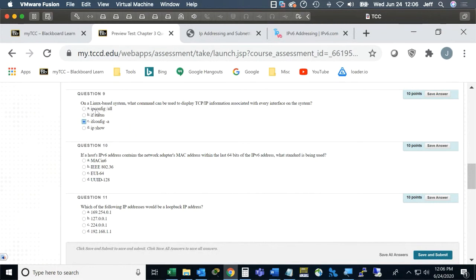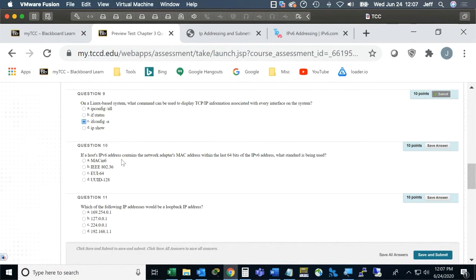Linux. Windows is A. Linux is C. Although they've actually upgraded, but anyway, according to the book, it's C, because they've gotten rid of ifconfig on Linux for ip.